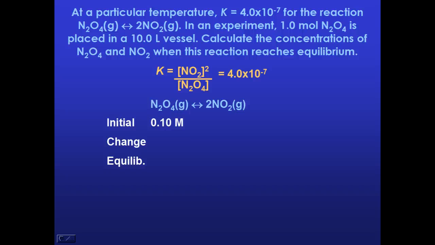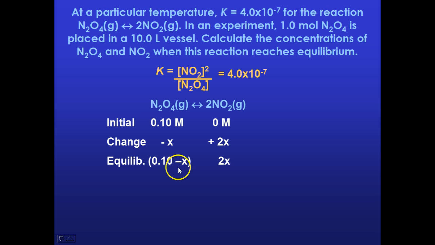We have 0.1 molar N2O4, and we do not have any of the NO2. So as a result, we're going to have to lose reactants to make products. N2O4 has a coefficient of 1, so its change is going to be by x, while the NO2 is increasing in concentration by a factor of 2x due to that coefficient of 2. So at equilibrium, technically N2O4 would be 0.1 minus x, and NO2 would have a concentration of 2x.